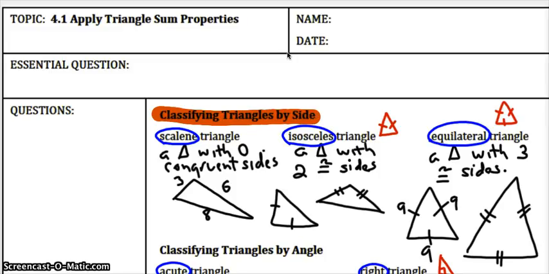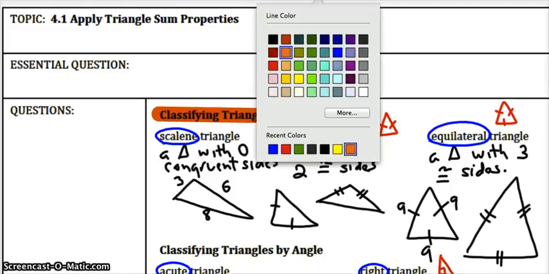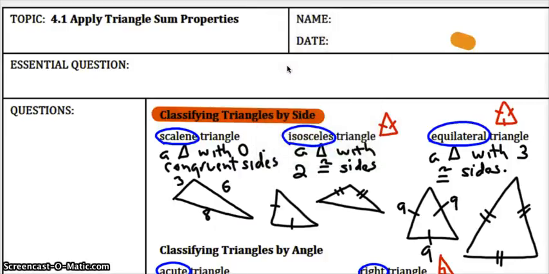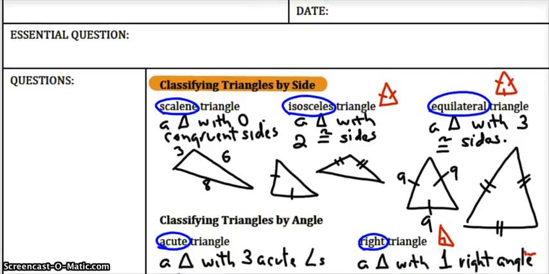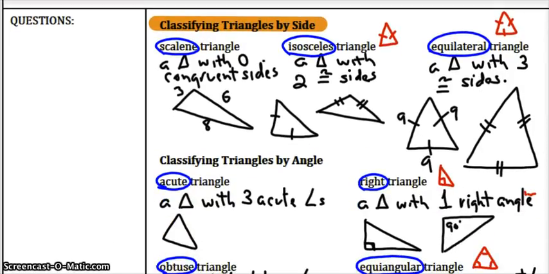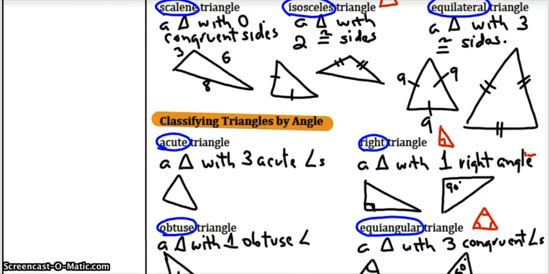Classifying triangles by side. That's a huge thing. I'm going to change this to a little bit lighter orange right here. Test it. Come back here. Again, a huge party here. Classifying by side. Classifying by angle.